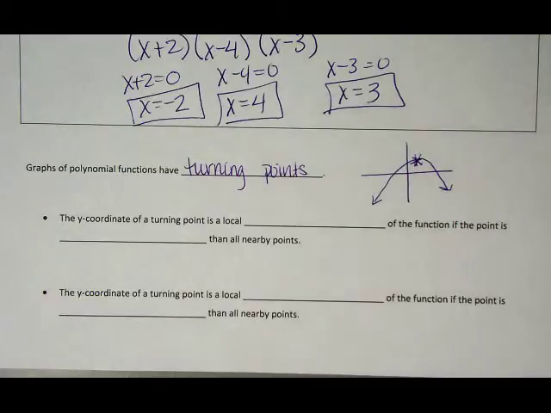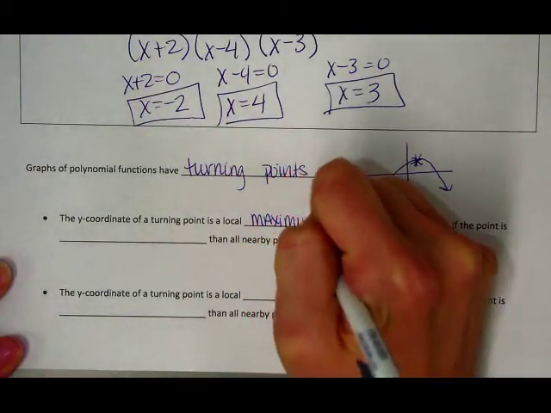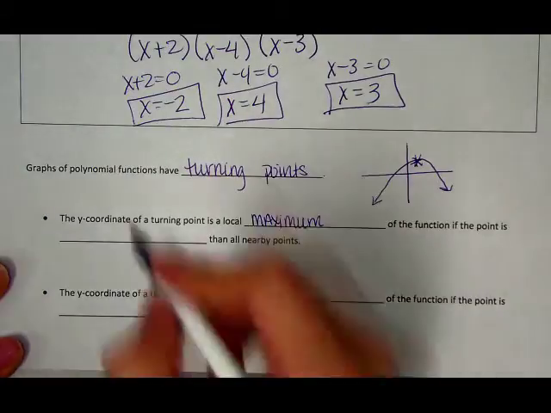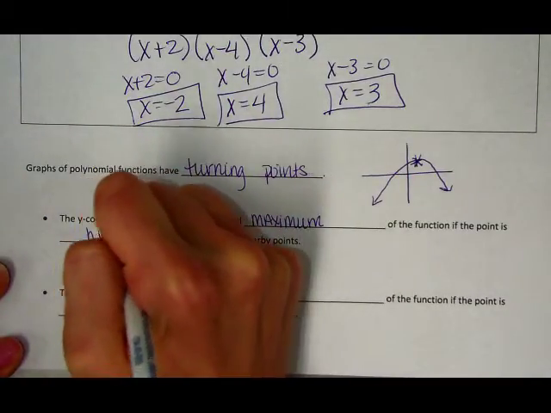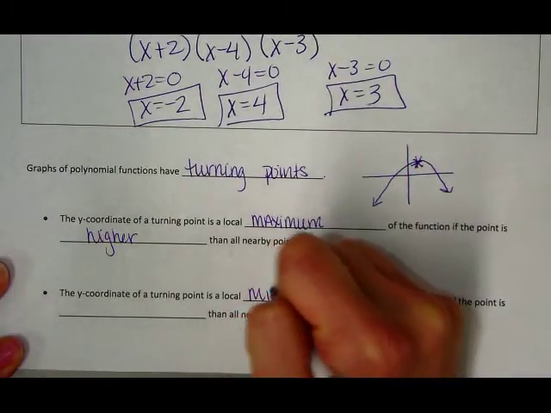And our turning points can be called two different things. We can either call a turning point a local maximum, and that's when our points are higher than all nearby points. And we also have turning points that are called minimums.